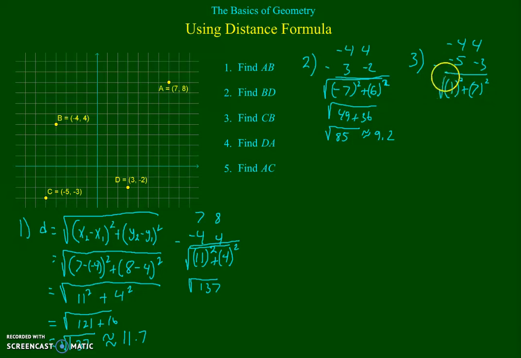Square, add, square root. So this is 1 plus 49, which is the square root of 50, which is approximately 7.1.